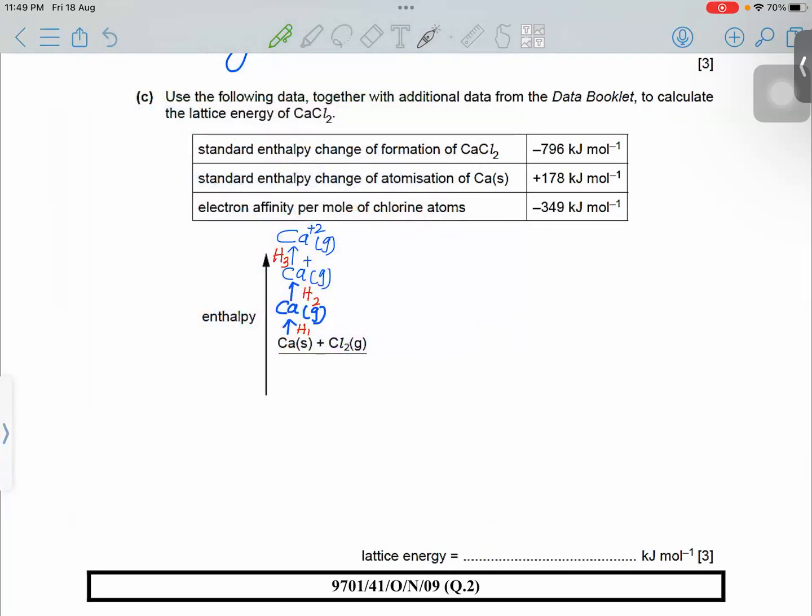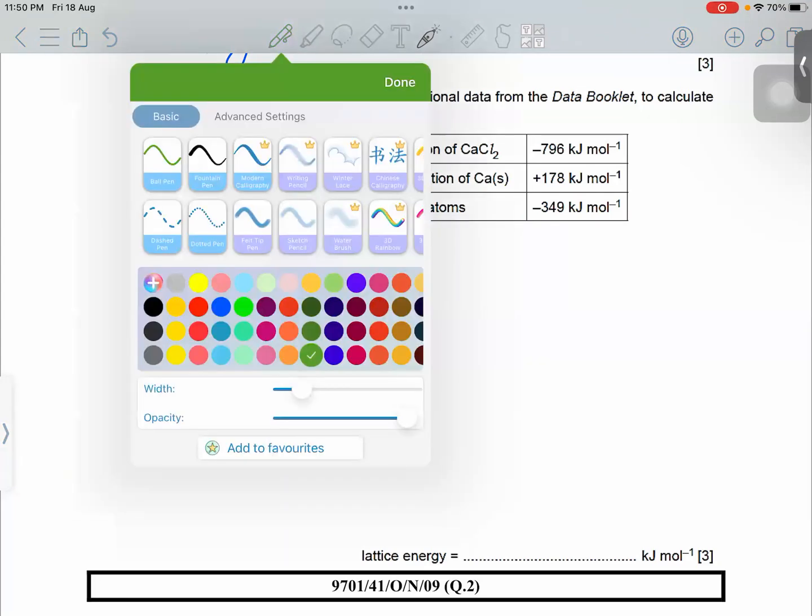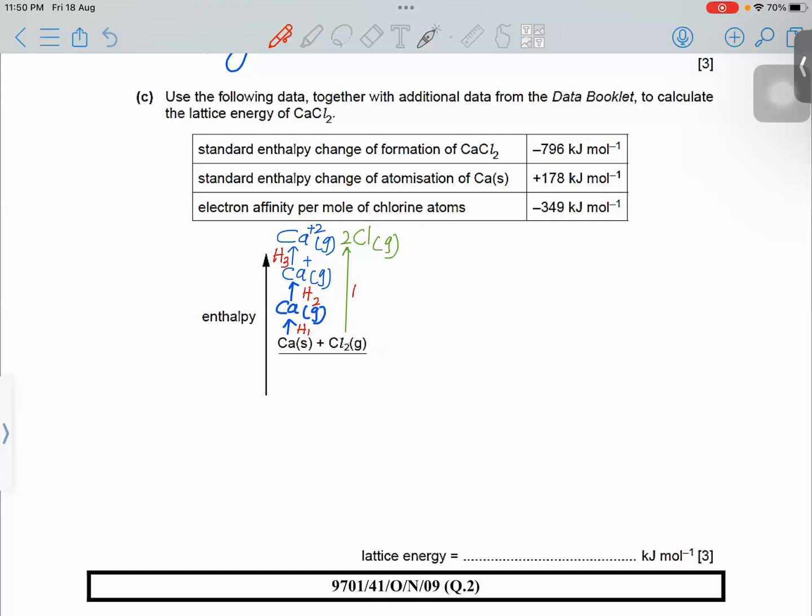Chlorine: we convert it into 2Cl gaseous. This is H4.